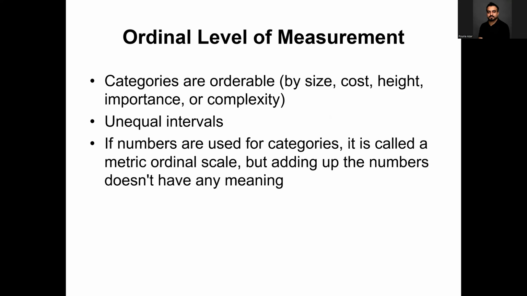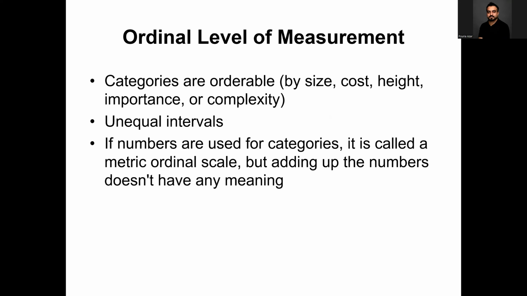Remember, if numbers are used for categories, it is called a metric ordinal scale. But this is very important. Adding up those numbers doesn't have any meaning. For example, education level is an ordinal level, right? I can assign numbers to each level of education level.